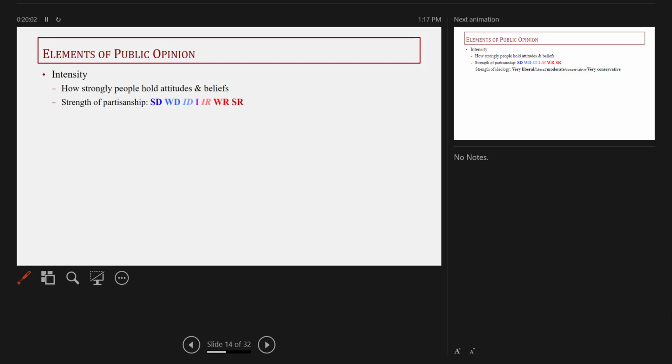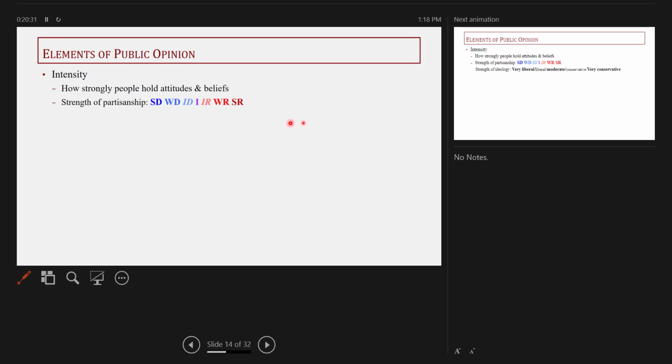Now, we've already talked about public opinion polls that attempt to measure intensity when we were discussing party identification. And we noted that we measure party identification with the question, generally speaking, do you consider yourself to be a Democrat, an independent, or Republican, or what? And then we ask whether you're a strong Democrat or a Republican, or an independent that leans one way or the other.